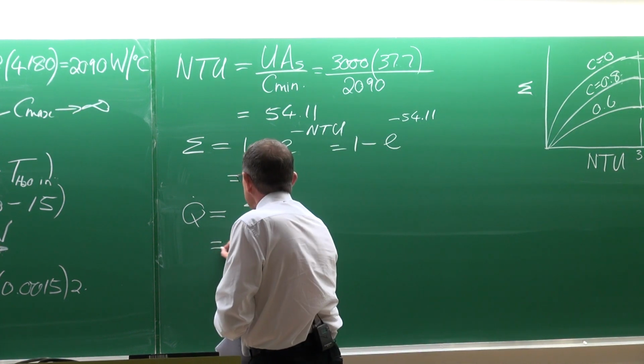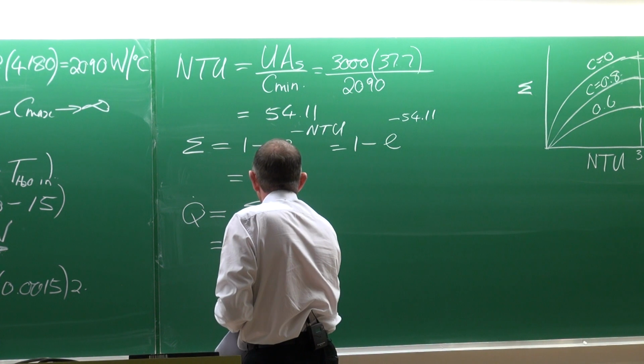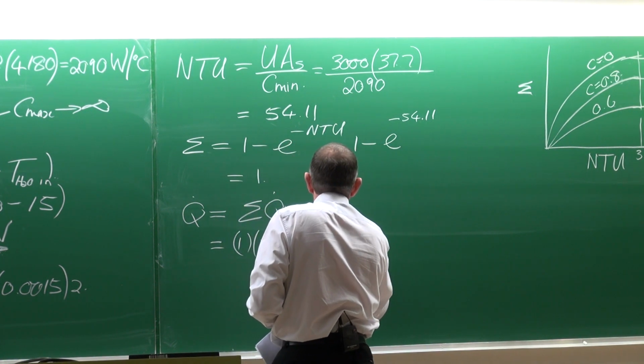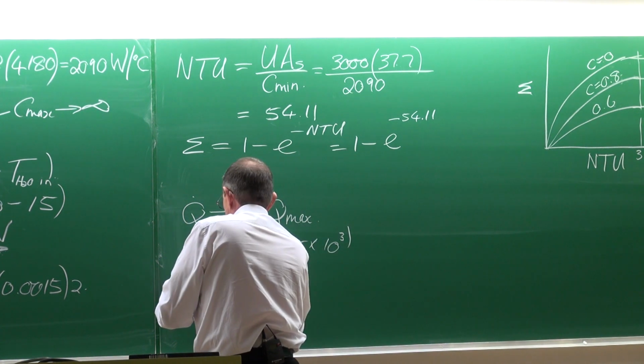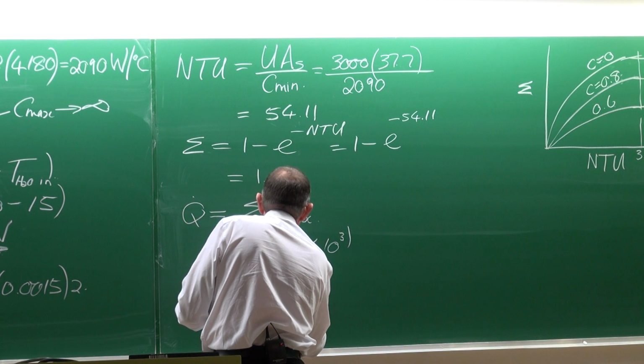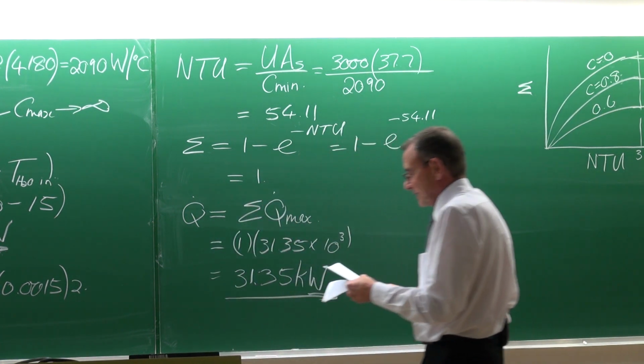The effectiveness is 1. Qmax we've already calculated is 31.35 kilowatts. So in this case, we will get the maximum possible heat transfer rate is 31.35 kilowatts.